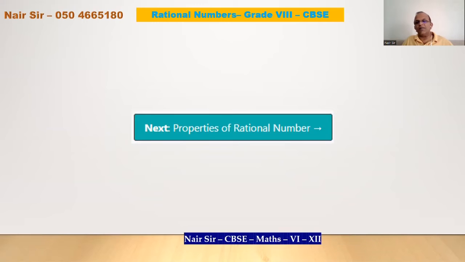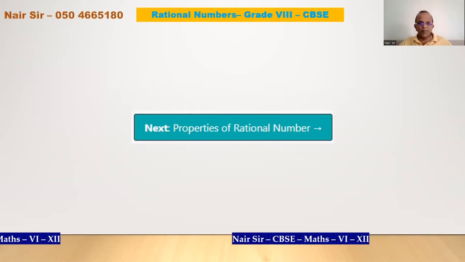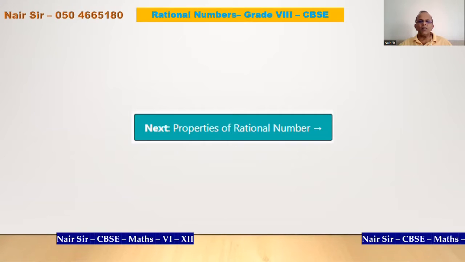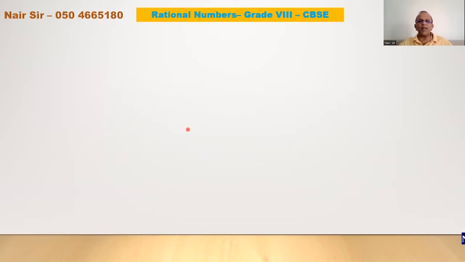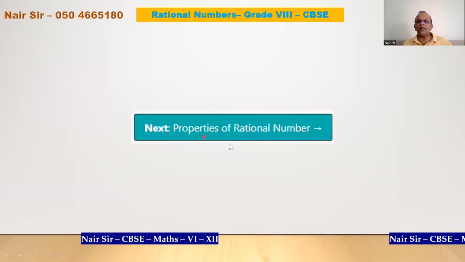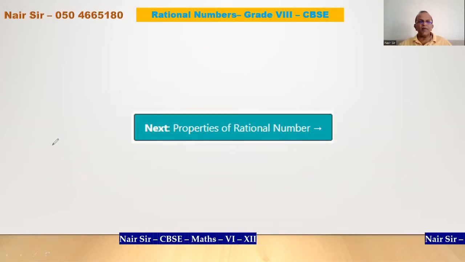Properties of a rational number. The moment I speak about property, what do you mean by property? What does this word mean? Rational number and the property. 1 minute. I think my screen went before. When I talk about property, do you remember there is something called salt at your home?